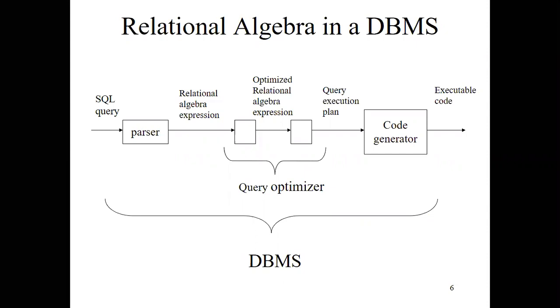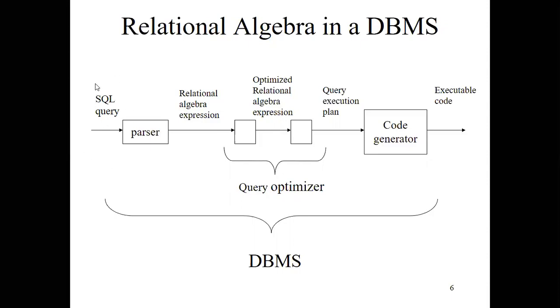It consists of operators and manipulators which apply to relations and give a relation as a result. The output will also be in the form of a relation, but does not change the actual relation in the database. As I told, relational algebra is a procedural intermediate language used within the DBMS.